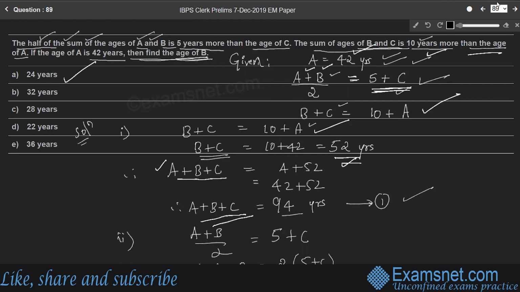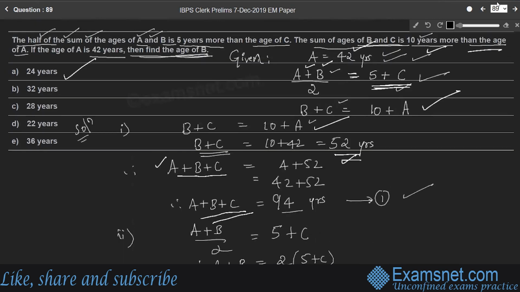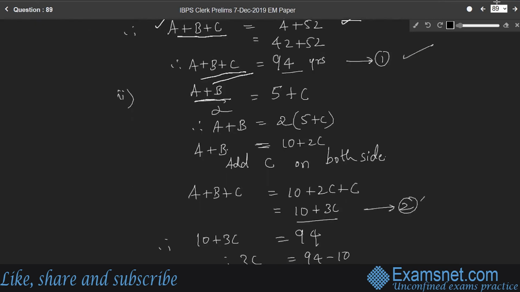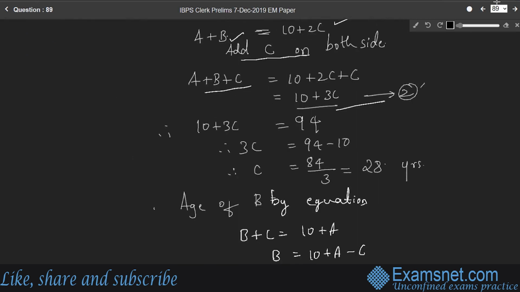And also in the first part of the question, A plus B by 2 is 5 plus C. So after simplification, we'll get A plus B as 10 plus 2C. Add C on both the sides because we need to equate the equation, that is A plus B plus C. Right? So we'll get A plus B plus C as 10 plus 3C.